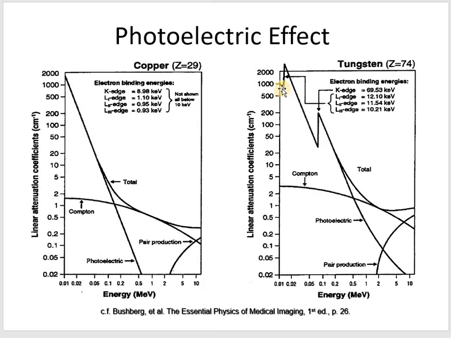So photoelectric is more likely to occur when the energy is slightly above the binding energy, and the attenuation decreases with energy. The photoelectric interaction is inversely proportional to the energy of the incoming photon.